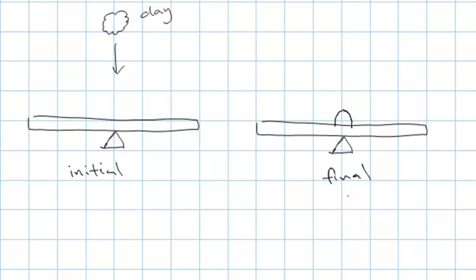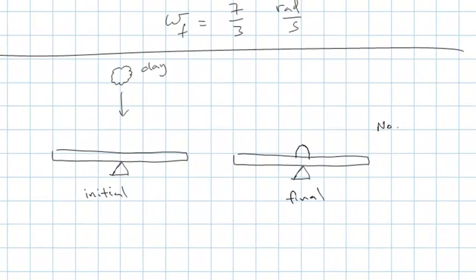In our initial condition, the clay ball comes down. In our final condition, it's stuck to the board, but the board is not rotating. It can't cause it to rotate because it hits it right at the axis of rotation. So at the end, there's no rotation. At the beginning, there was no rotation.